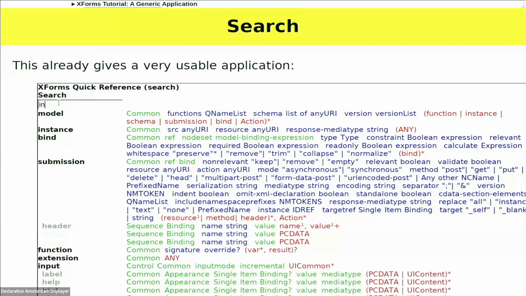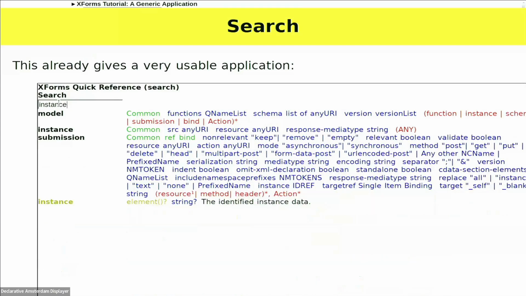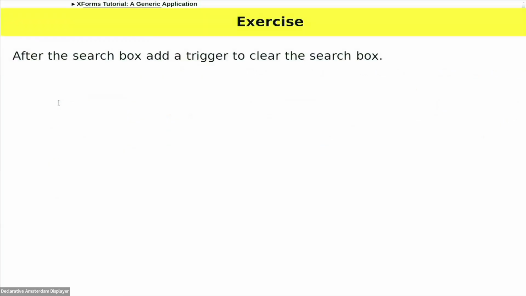If I type in instance, you see it immediately responding to what I type, and that reveals all elements, and other things, functions, that contain the word instance. So we've already got quite a usable application for searching for stuff within the XForms data, and that gives you your next exercise, which is to add a trigger to clear the search box.